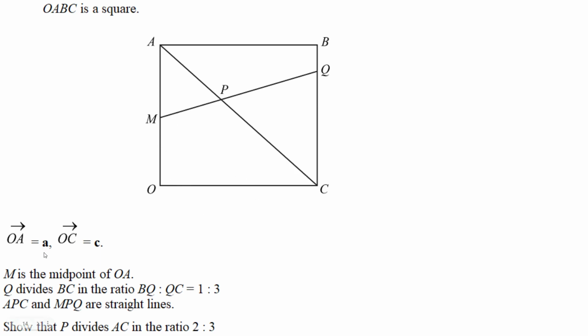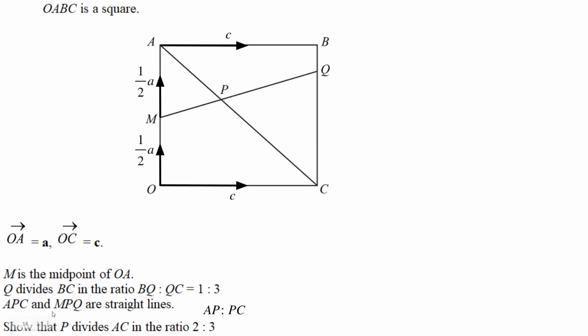The coefficients are the same though, so 1A equals 1C, so 1 equals 1, but that doesn't help us, so we can just forget about that. So O to A is A, M is the midpoint, so that means OM is a half A. So that's half A, and then that's also half A. OC is just C. Same with here, it's also C. And then here, it'd also be A, because it's a square.